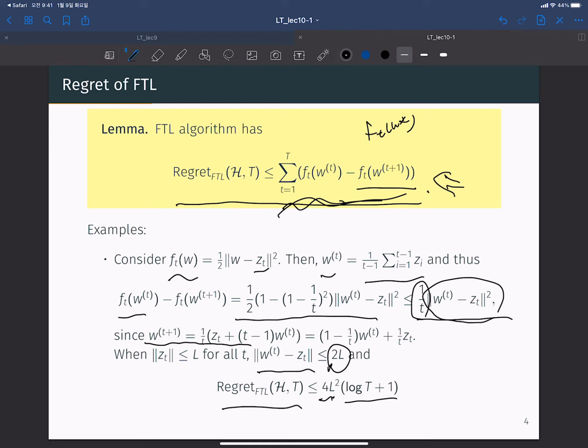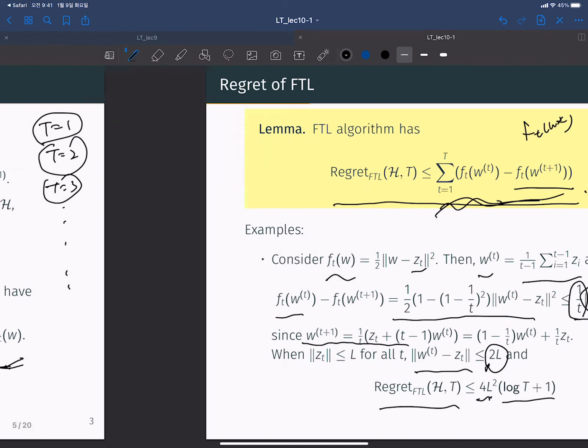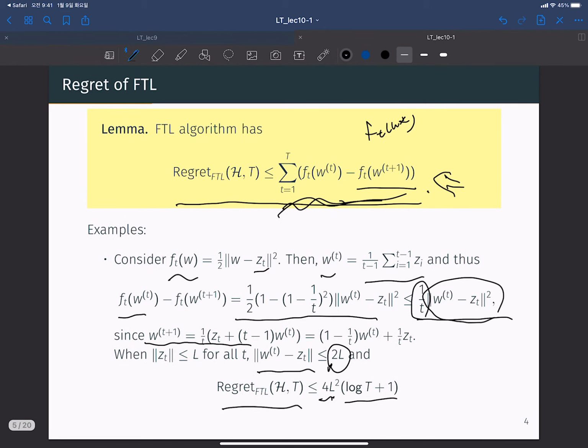That's it. Okay, so using this very simple lemma, we can easily analyze the regret of the follow the leader rule. Just pick the best one, only using the data collected. Still, it is very nice.